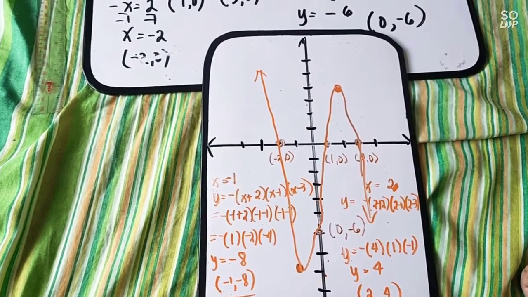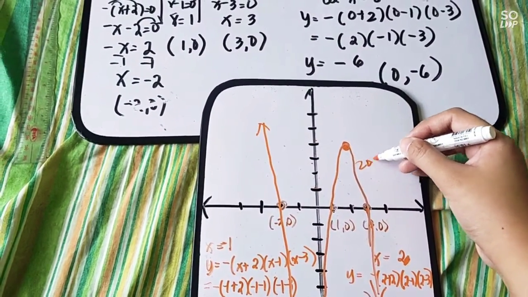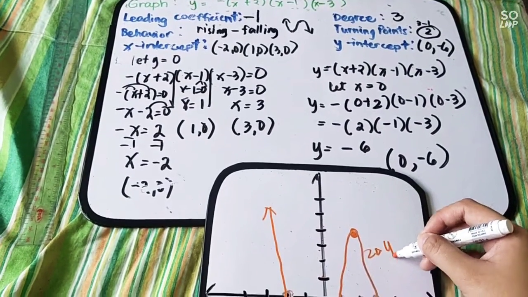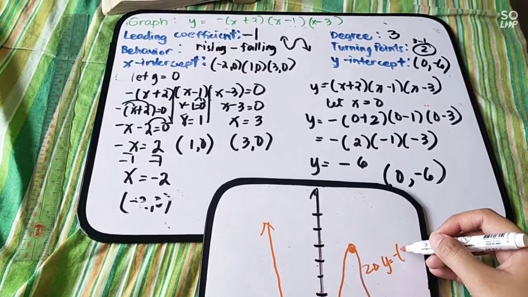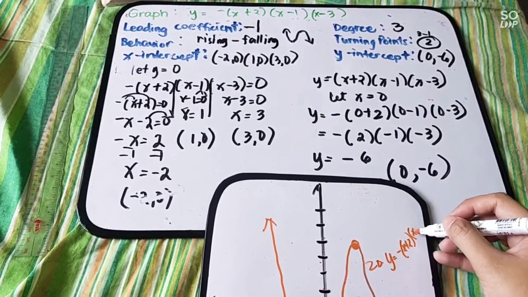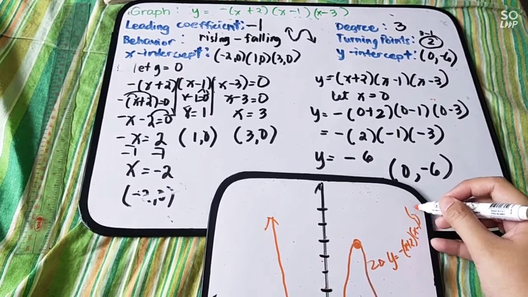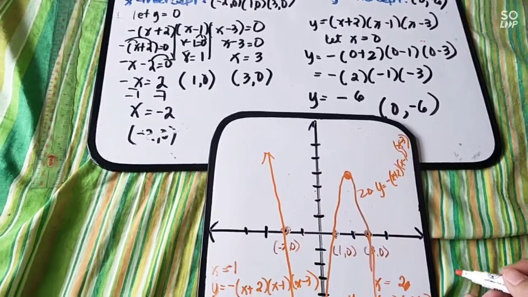Okay, so that is the graph of the given polynomial, y equals negative times (x plus 2) times (x minus 1) times (x minus 3).